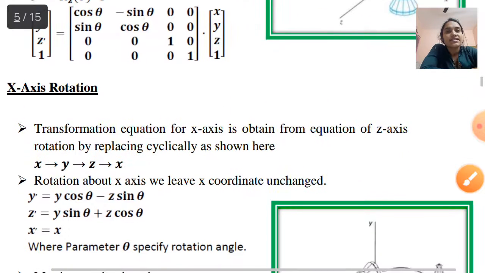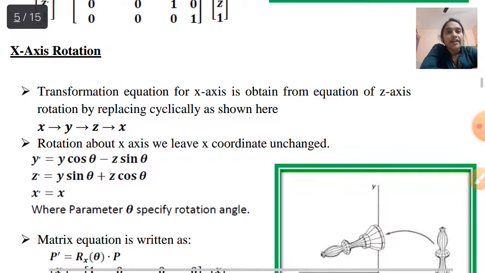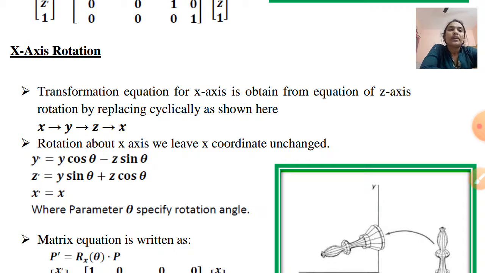Now we discuss x axis rotation. The transformation equation for x axis is obtained from the equation of z axis rotation by replacing cyclically as shown here. That means we can replace first x axis with y axis, then y axis with z, then z with x.